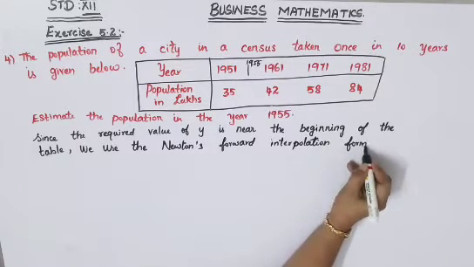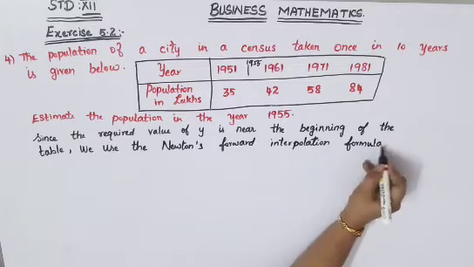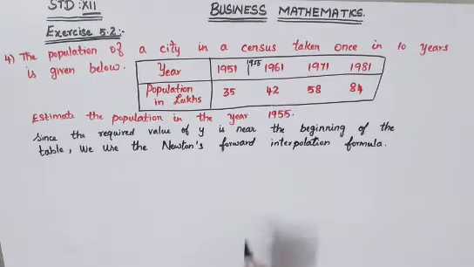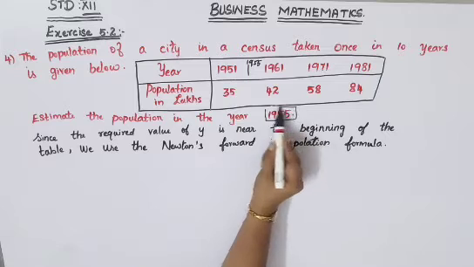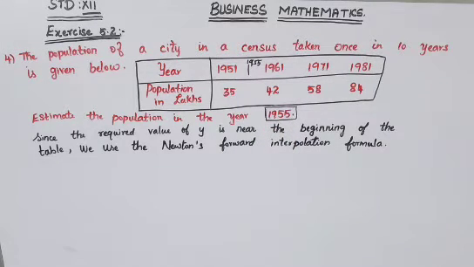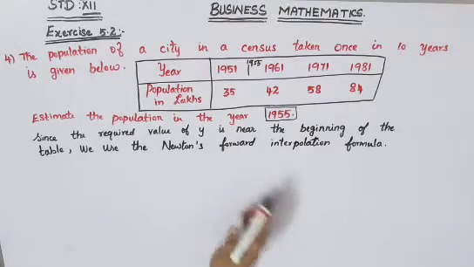So first you will have to fix which formula to use, whether forward or backward. Depending on this value, the forward or backward sum will change. So 1955 is given, so it will go to the forward interpolation formula.